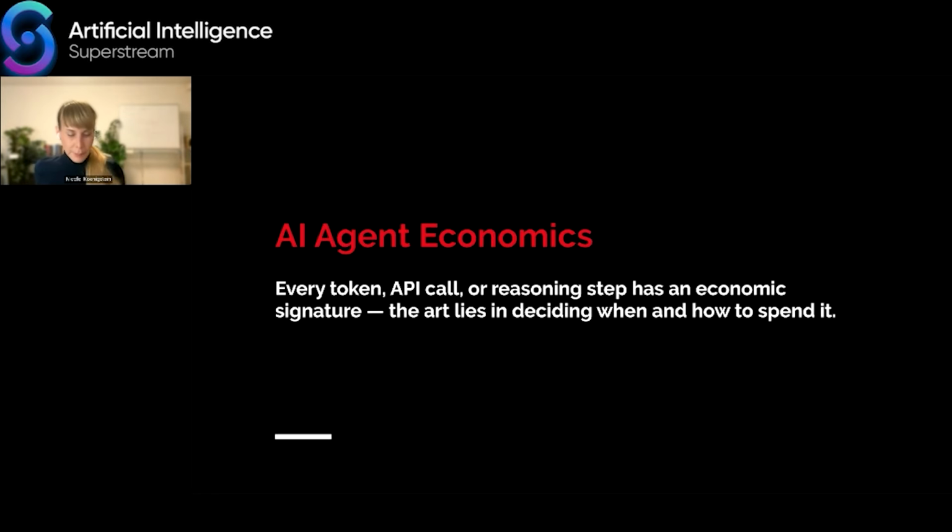All right, so let me start off with AI agent economics. One thing you need to think about is that every token, every API call or reasoning step has an economic signature, and the art here lies in deciding when and how to spend it.